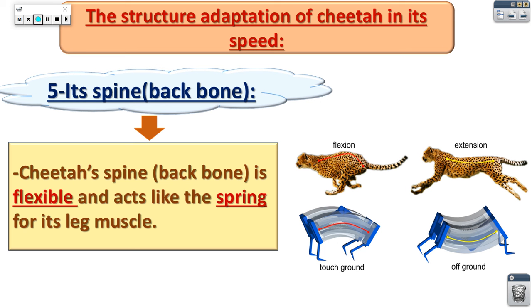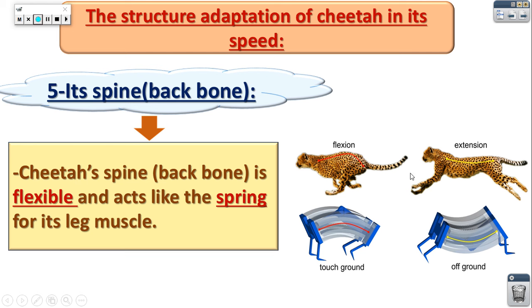Like the trampoline. When you jump and push the trampoline down, it will push you up, right? The same idea. Here, its spine or its backbone is like the spring. When he compresses his body like this, it will give him a large push forward.